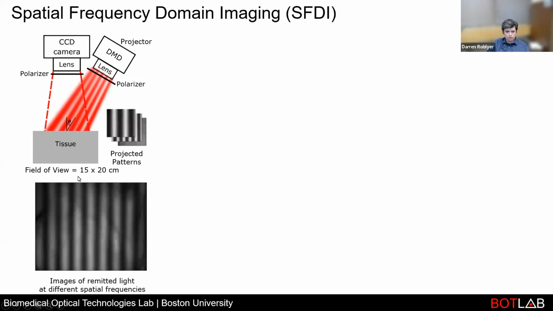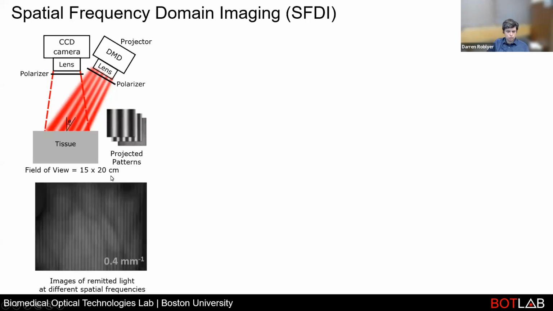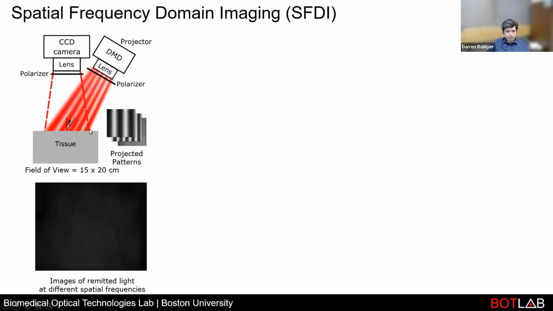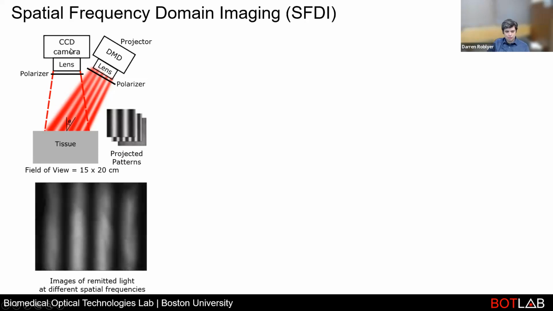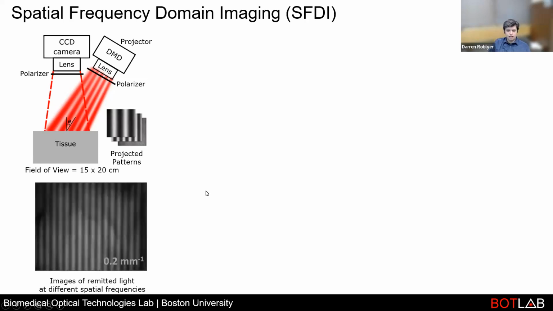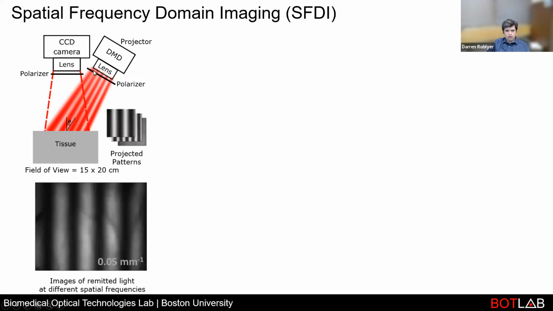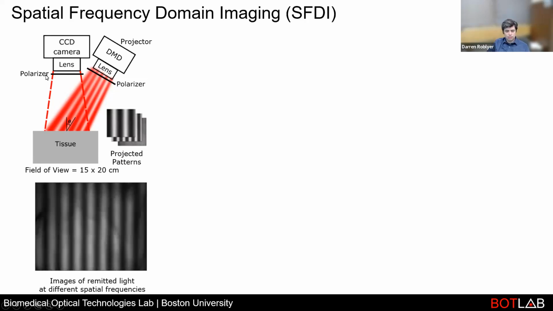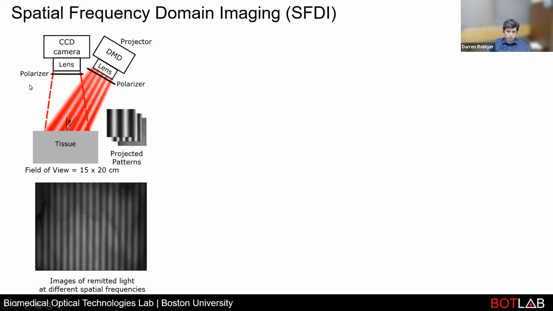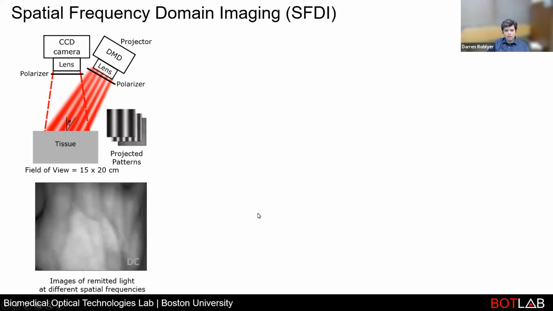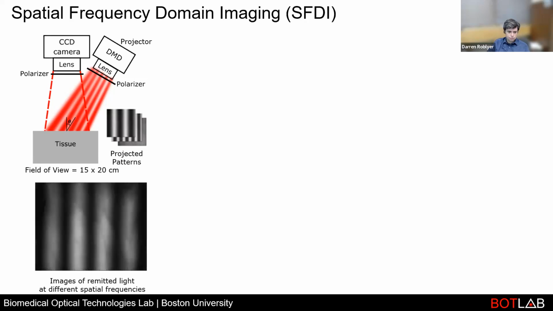So for example, one of our devices has a field of view of 15 by 20 centimeters. And then we simply collect the remitted light with a CCD camera. Now here we want to look at the diffusely reflected light. So we use cross polarizers, a polarizer here and a polarizer here. They're cross linear polarizers that are crossed with each other. And this rejects specular reflection.